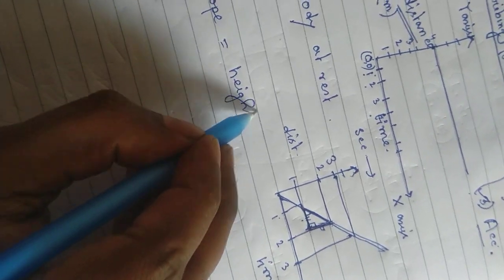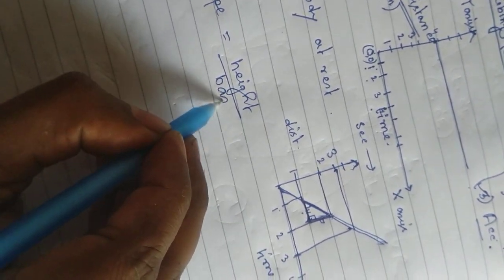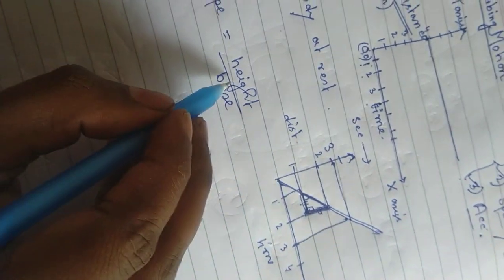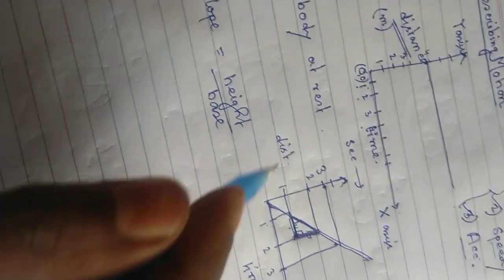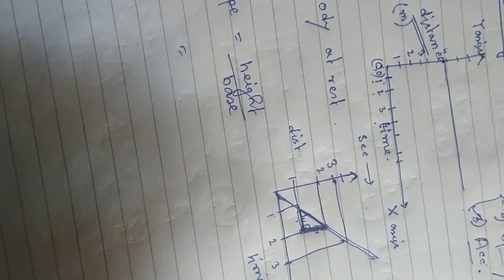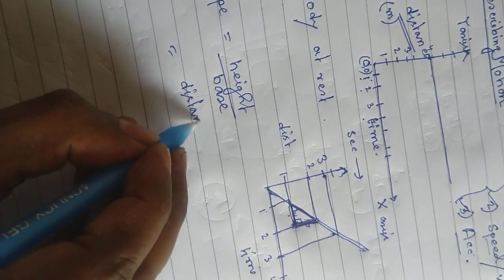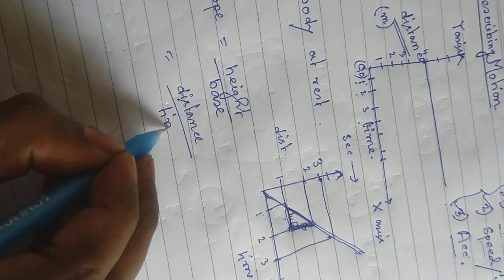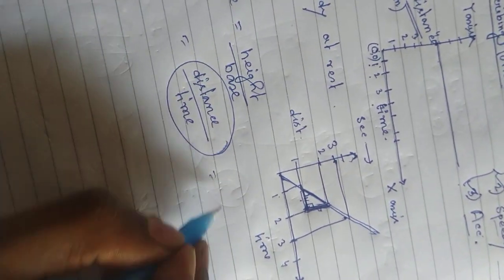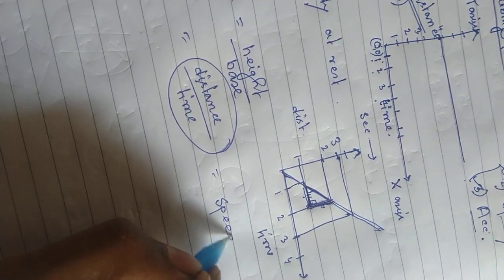So slope is nothing but height by base of a right angle triangle. Now the height is nothing but the distance, and the base is nothing but the time. So distance by time would surely give the speed.